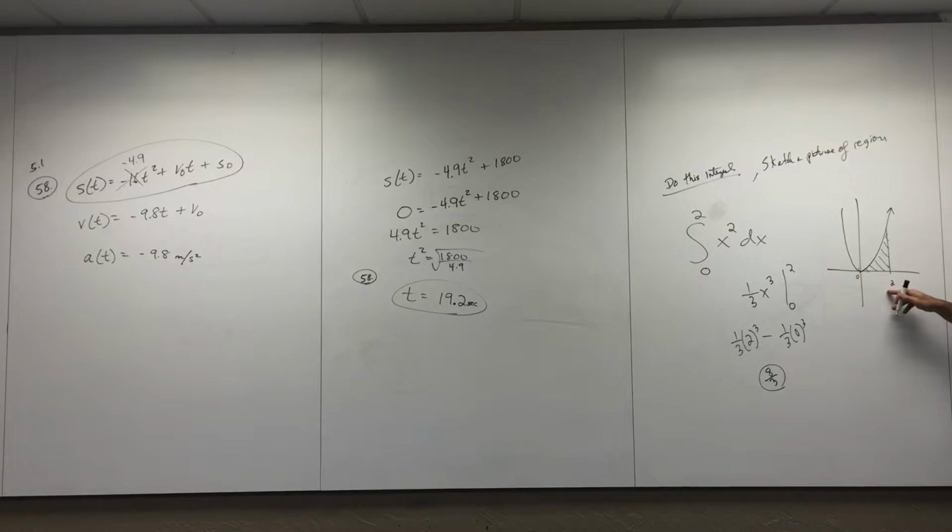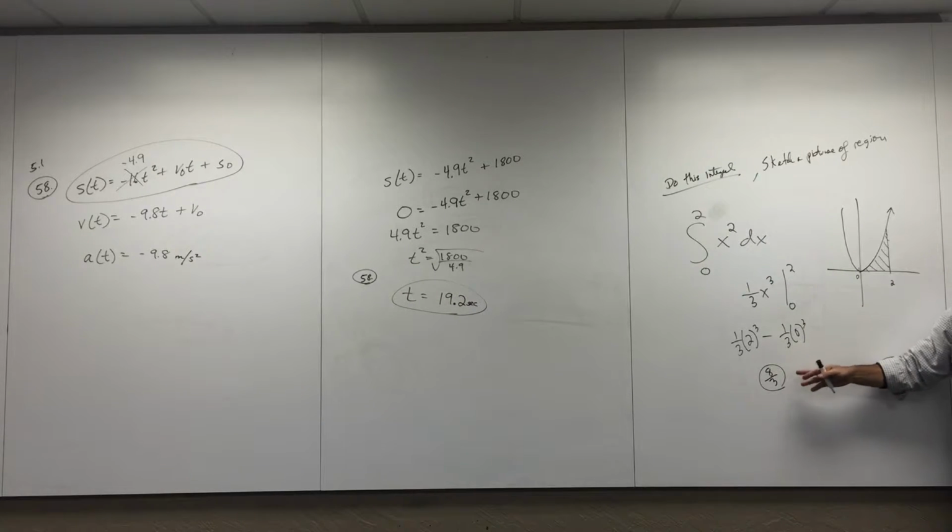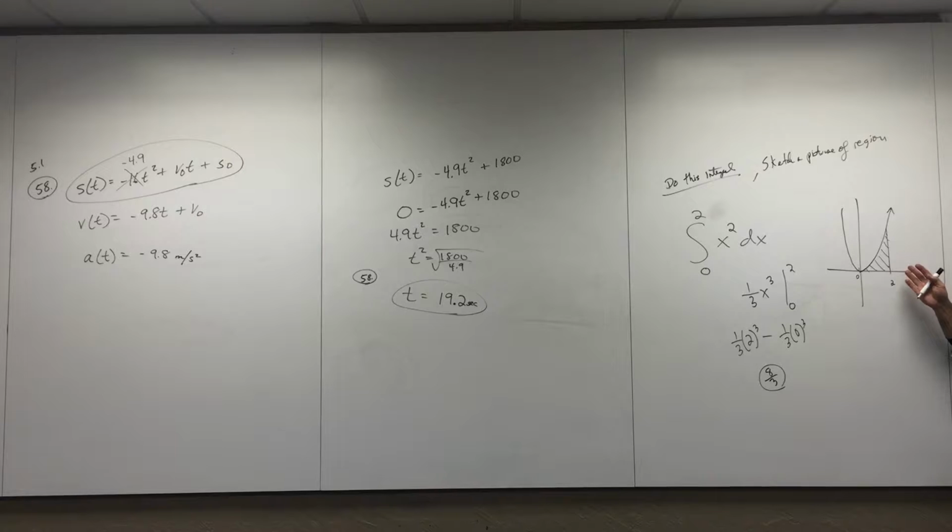That's a good question. Here's an integral. Here's a picture. Here's the value of the integral. It turns out the value of the integral is the area under the curve. That's true. If the value is negative, then it's not the area. You'd have to look at the picture to decide.